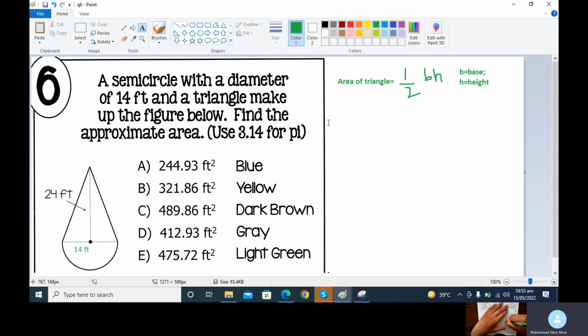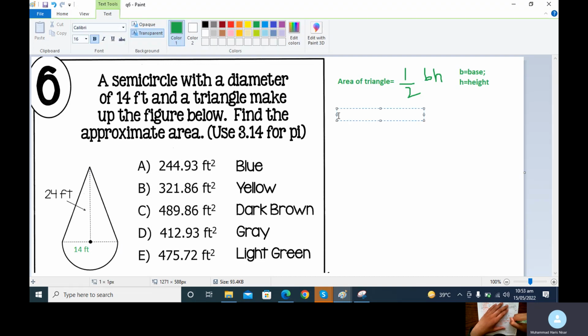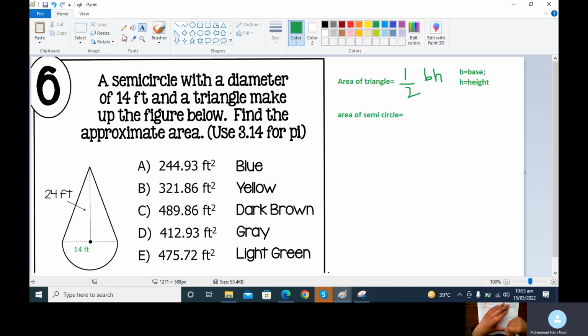And area of semicircle is, let me write it here, area of semicircle equal to: we know area of circle is pi r square, so obviously for the semicircle it is divided by 2, isn't it? So pi r square divided by 2, this is the area of a semicircle. Clear? Base and side.